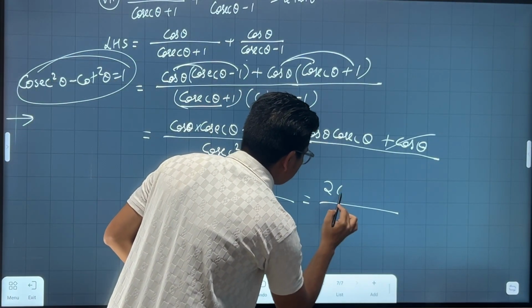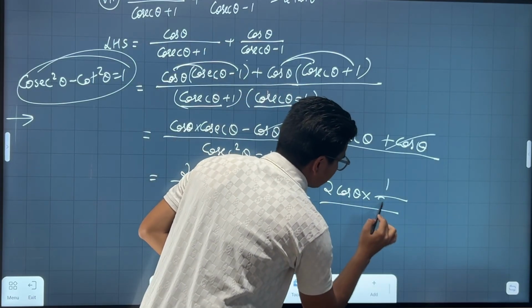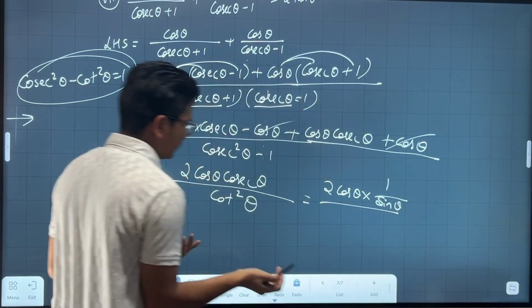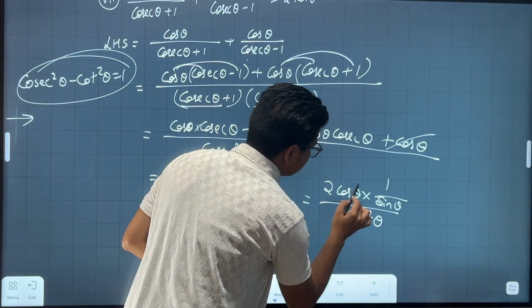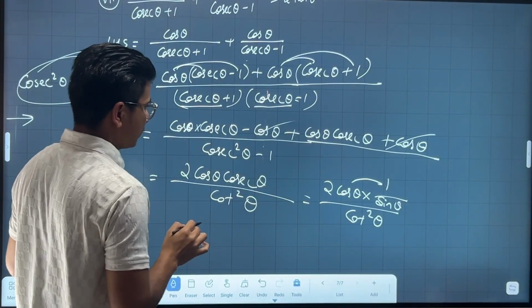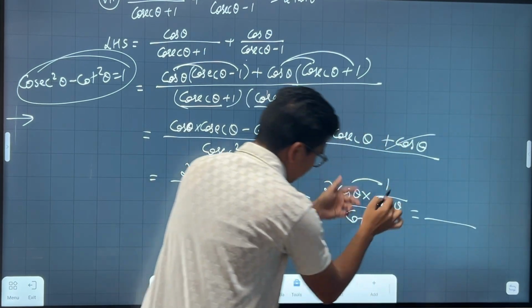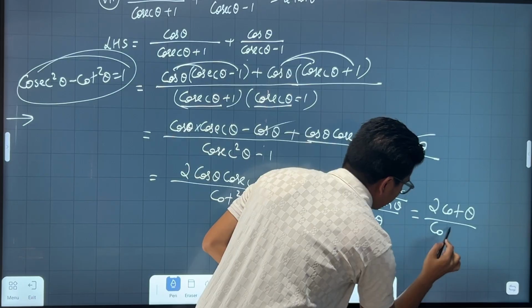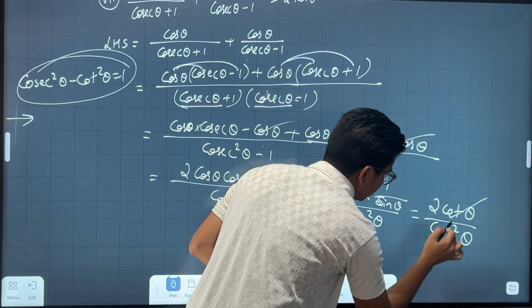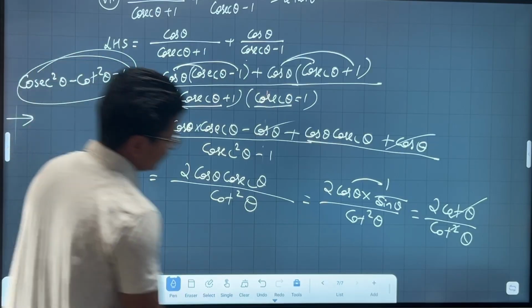So 2 times cos theta into cosec theta can be written as 1 upon sine theta, reciprocal relation, divided by cot square theta. This becomes cos into 1 upon sine, right, cos divided by sine will be cot. Cos theta divided by sine theta will be cot theta divided by cot square theta. Cot theta cancels, then this becomes 2 divided by cot theta.